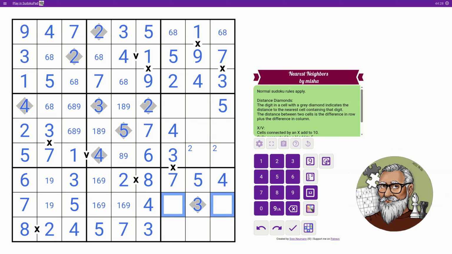So that's 2 and 8, right? Okay, so that's an 8, that's a 2. And I'm still missing 1, 6, and 9, so this isn't 1 or 9. Yeah, this isn't 8 either.